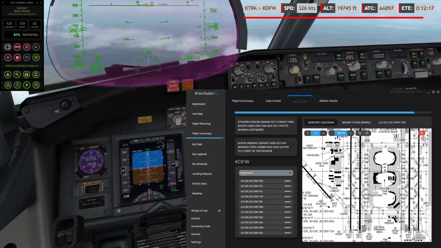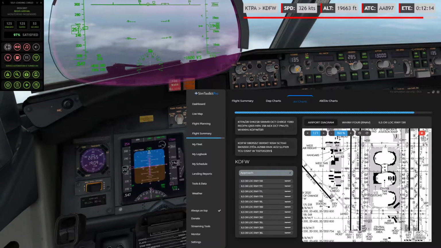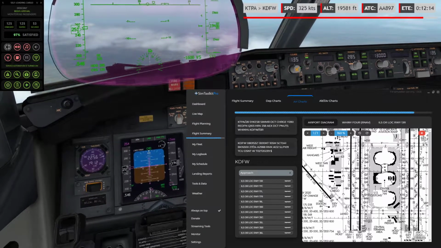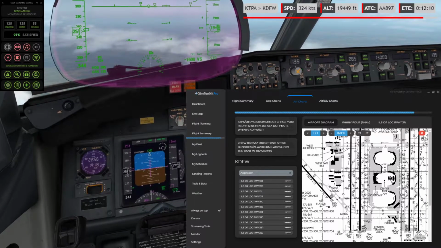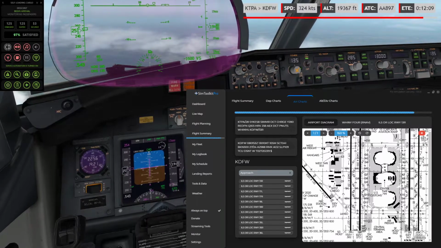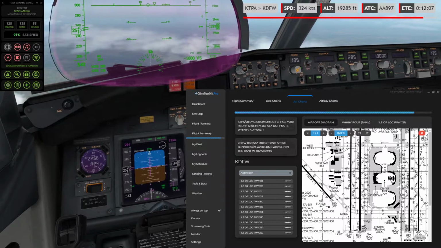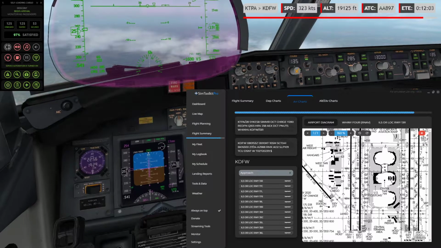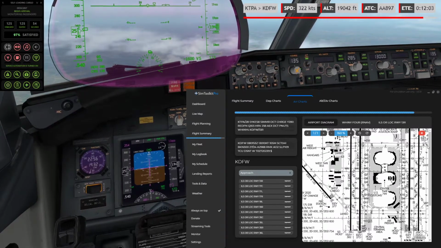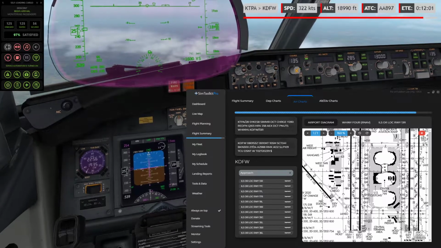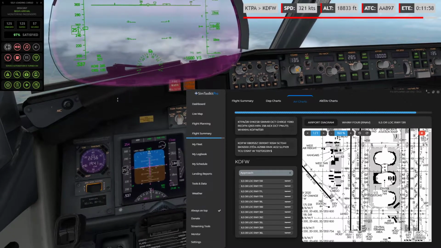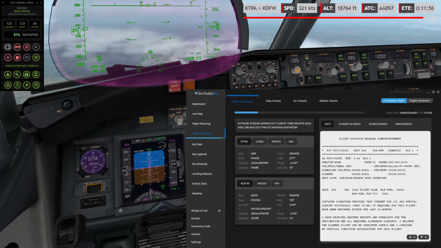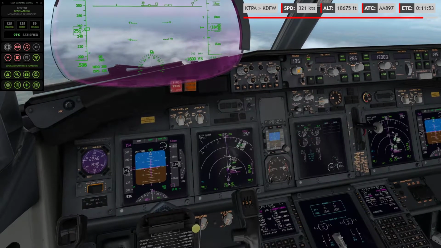And then taxi via Alpha, cross runway 36 left, 36 right, make a left turn at Golf, and I believe our gate is Bravo 5. I'll just double check that. It's Bravo 6. So we will worry about that once we are on the ground. And we can set our altimeters to 2988. Alright, so that's done. We can close that one.